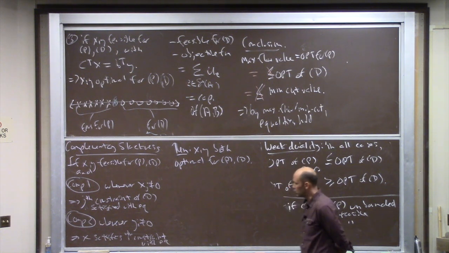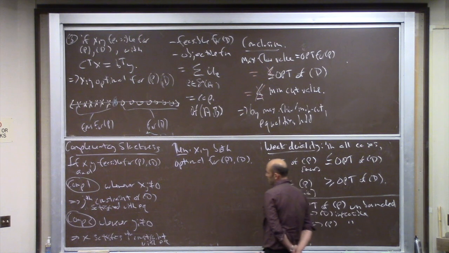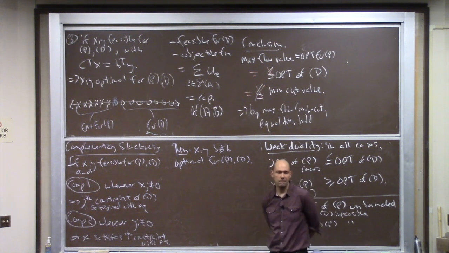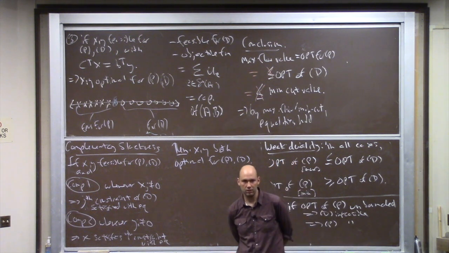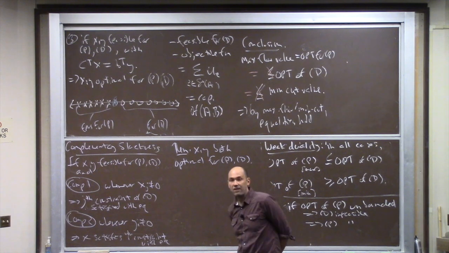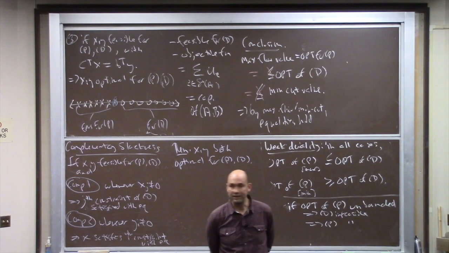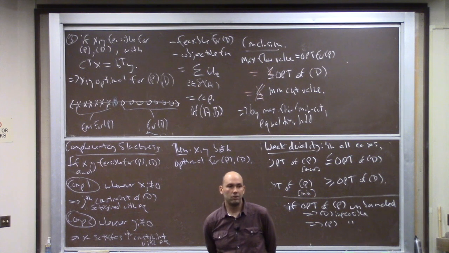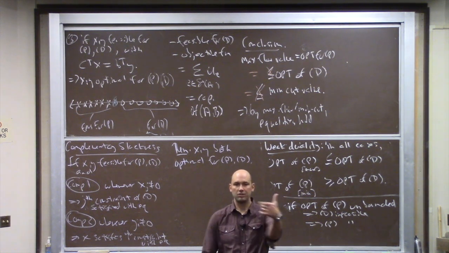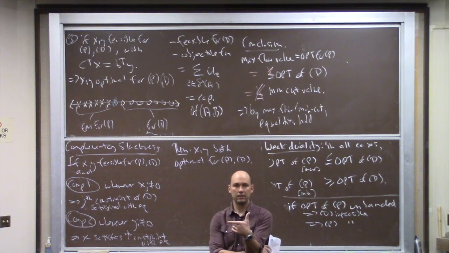So I'm not going to have time to give you interpretations today. We'll pick that up on Tuesday. But for max flow, let me tell you what the complementary slackness conditions translate to. They say, suppose you can find a feasible flow and an ST cut. And suppose every edge crossing the cut is saturated. Okay? This is fully used.